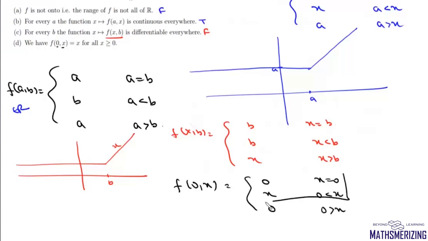So when x is greater than or equal to 0, we get this function f(x) equals x. So that means option D is true. So the answer to this question is false, true, false and true.